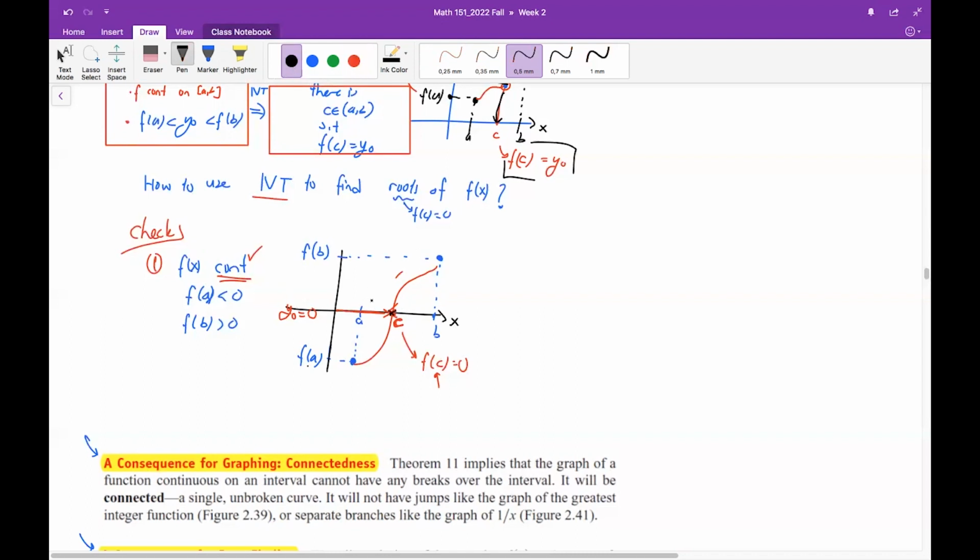Okay, this is the crossing point, which I call the number C.